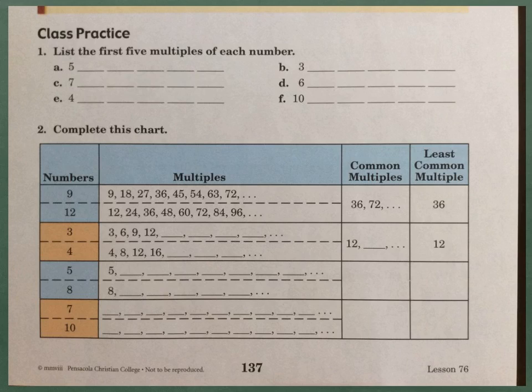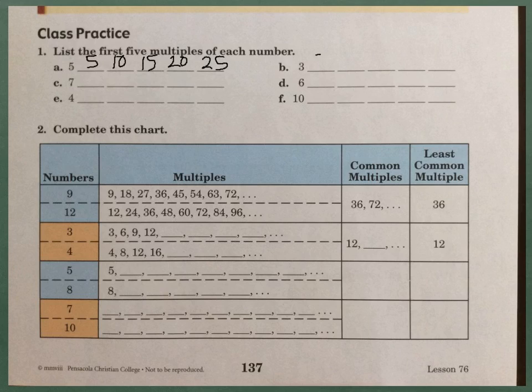1A, it says list the first 5 multiples of each number. And they have blanks for it. So first, of course, is 5, 10, 15, 20, and then 25. That would be the first 5 multiples. For B, they have the number 3.